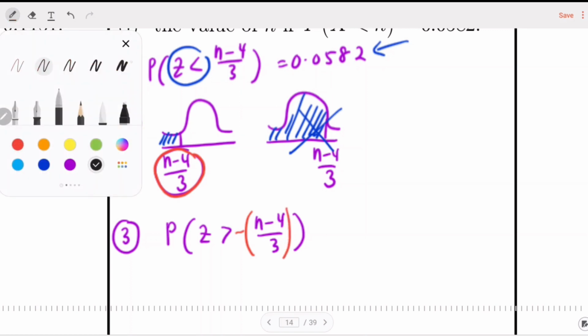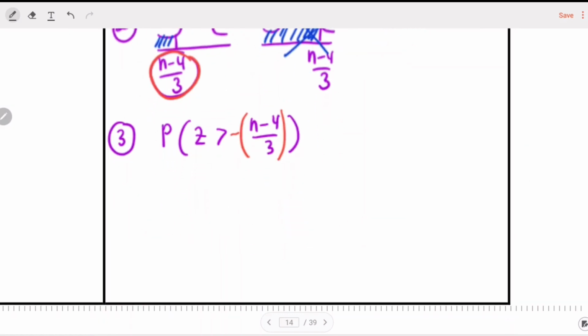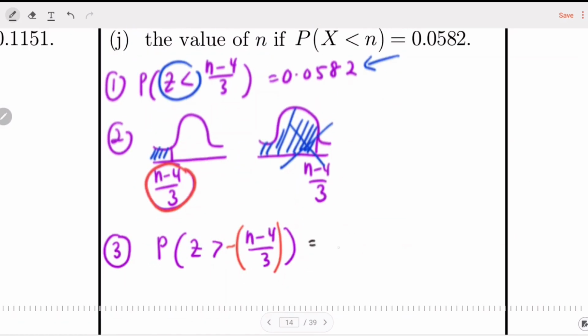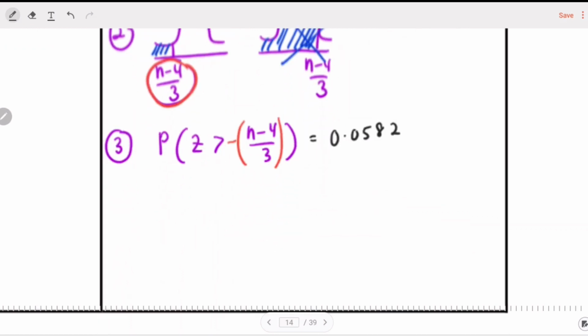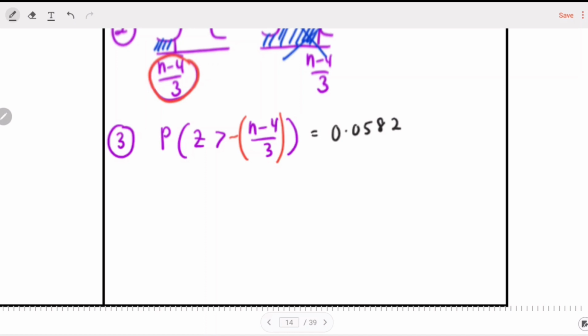Right? And then we proceed to the next step, which is to take a look at the standard normal table.